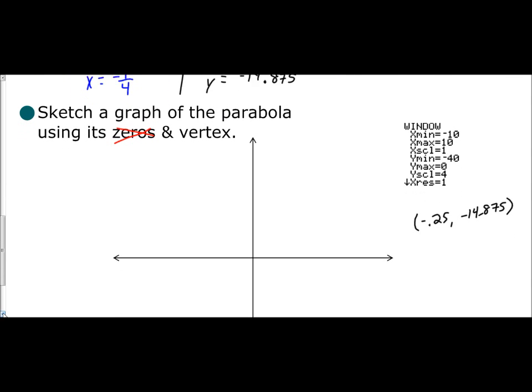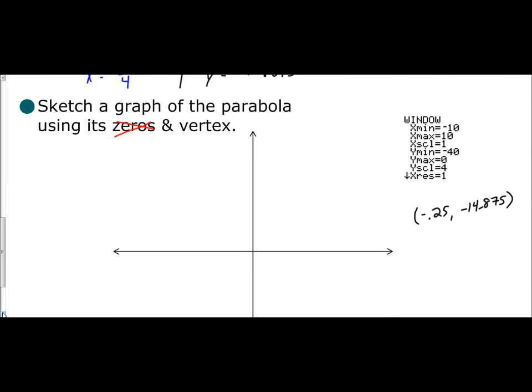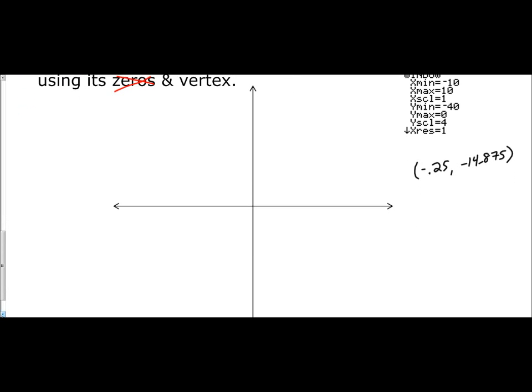What I want to do is use that window size and graph it: negative 10 to 10 for my x-min, x-max, and negative 40 to 0 for my y-min, y-max. So let's go ahead and label. I'm at negative 10, positive 10. I can go negative 2, negative 4, negative 6, and negative 8, then positive 2, 4, 6, and 8.